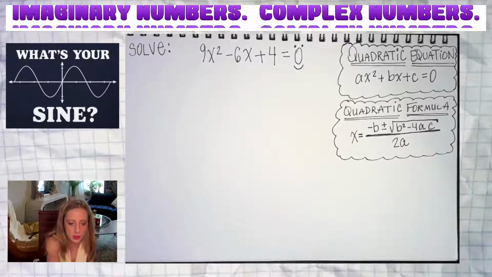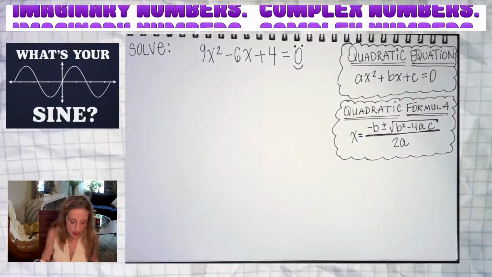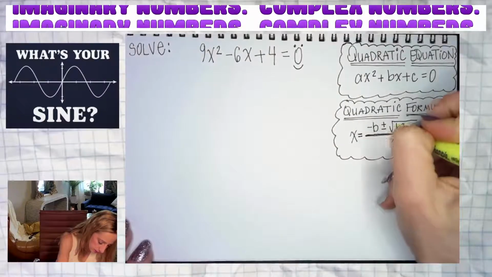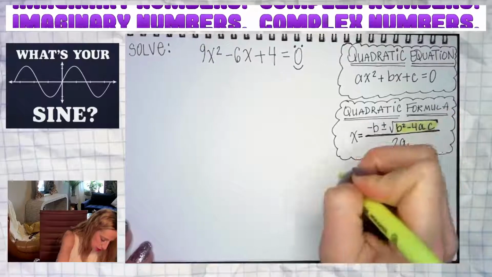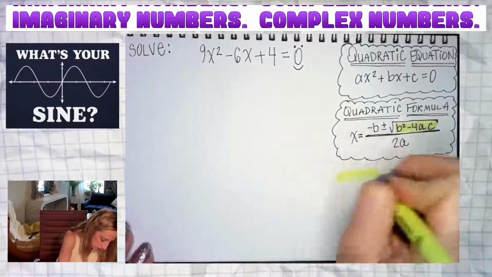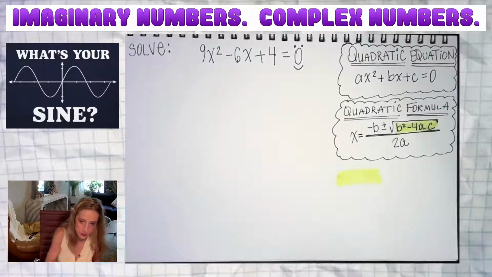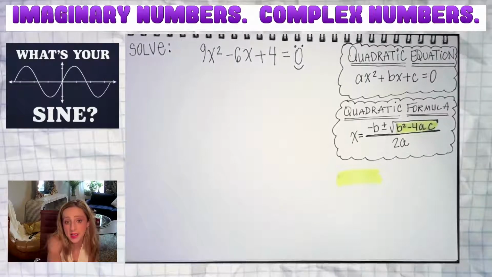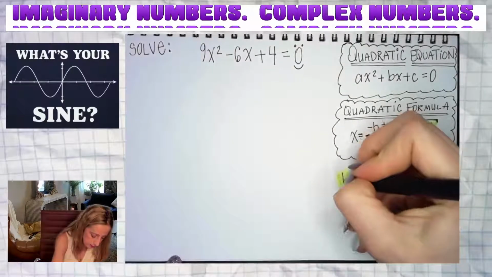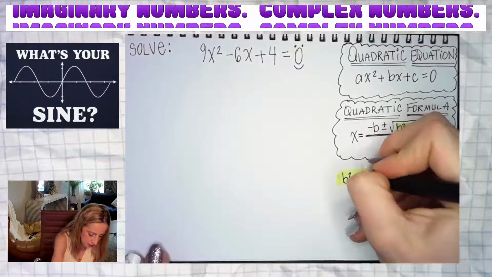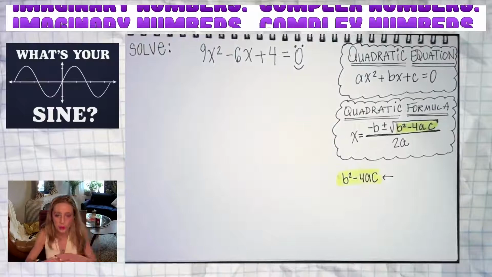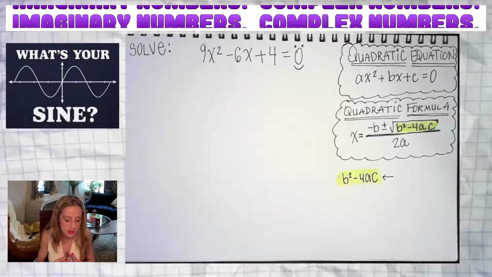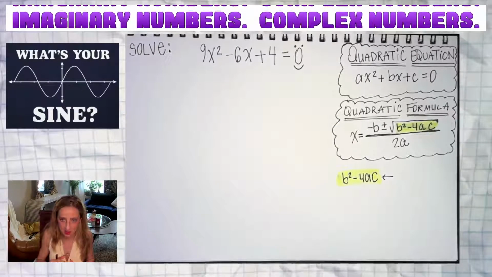Couple things. I'm going to throw a little vocab at you. This piece underneath, b squared minus 4ac, it has a special name. The first name that I'm going to give you is the name of anything under a radical.